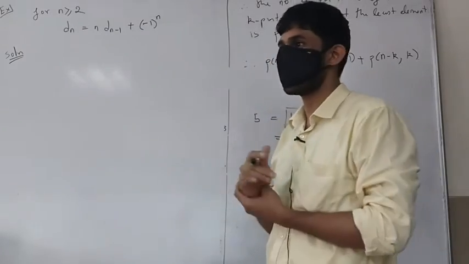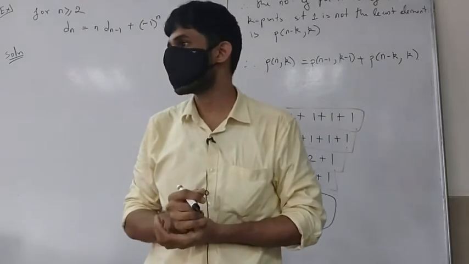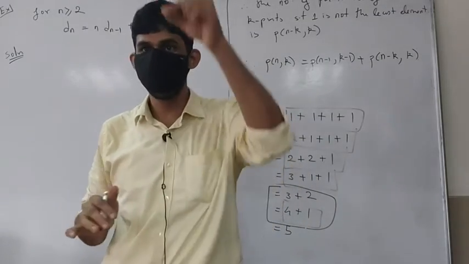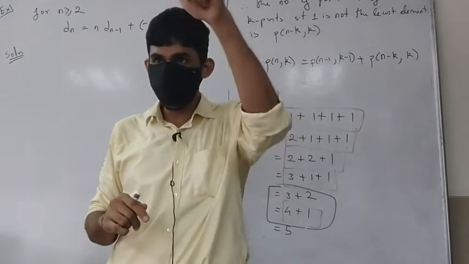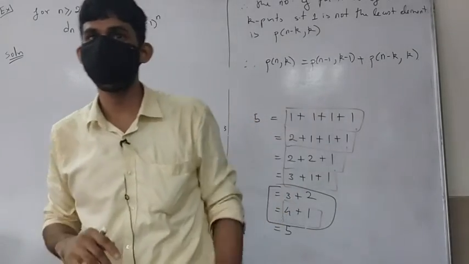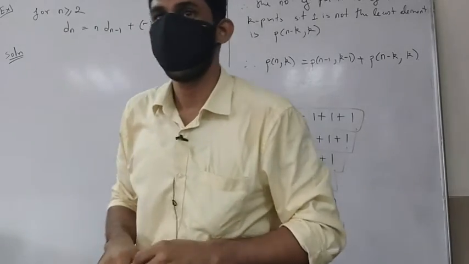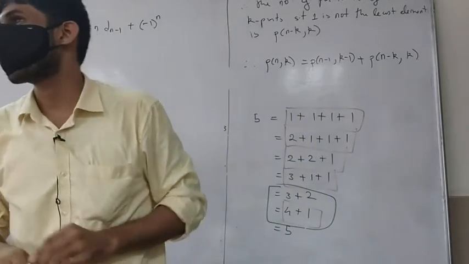I hope you all remember what dn is. It's the number of derangements. What are derangements? They are the permutations where no element is mapped to itself. All go to different places, like the switches and the fans.